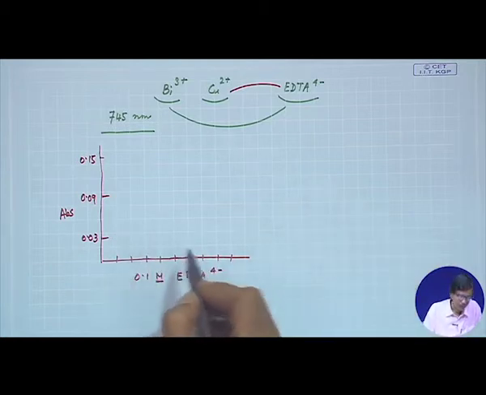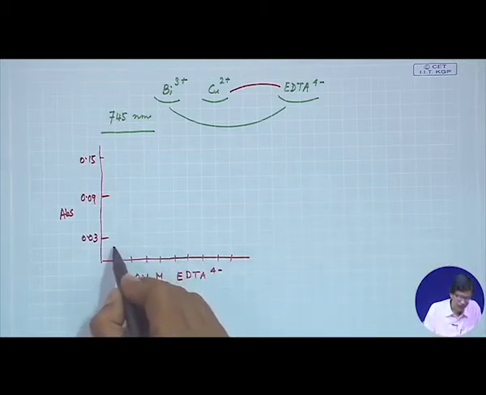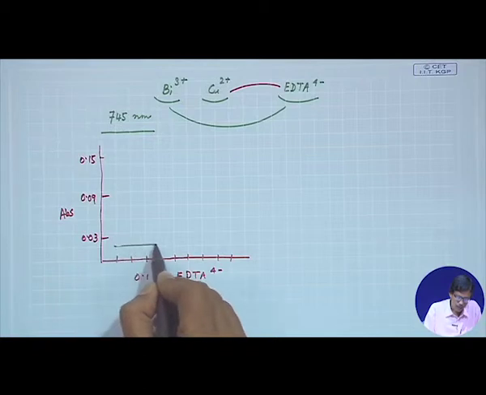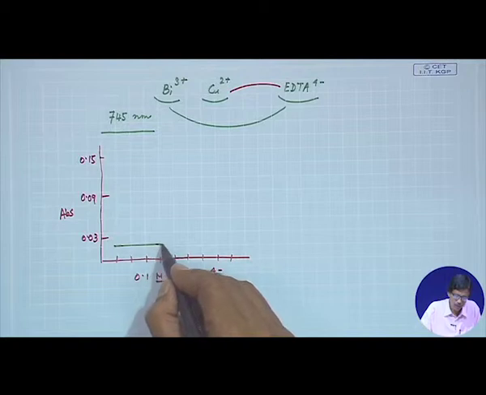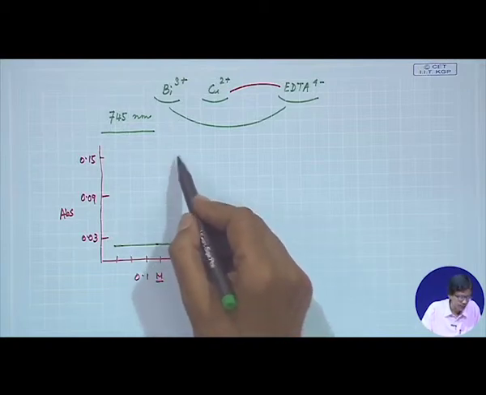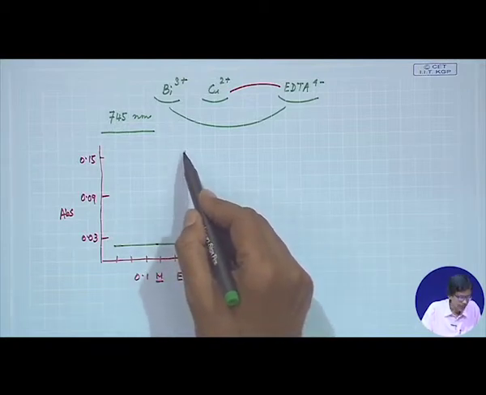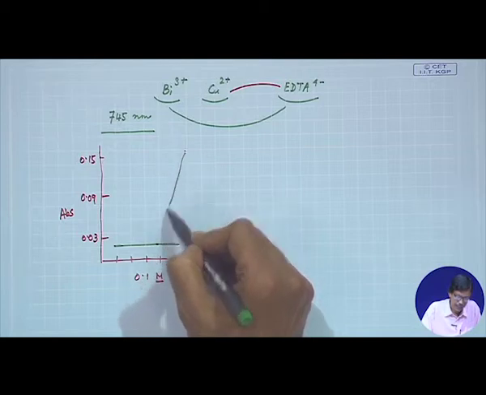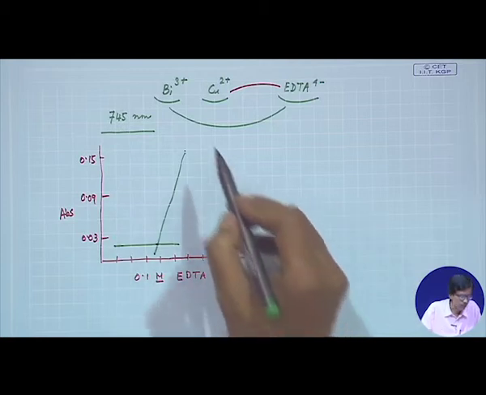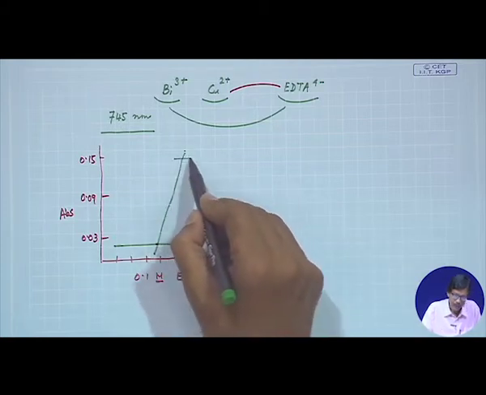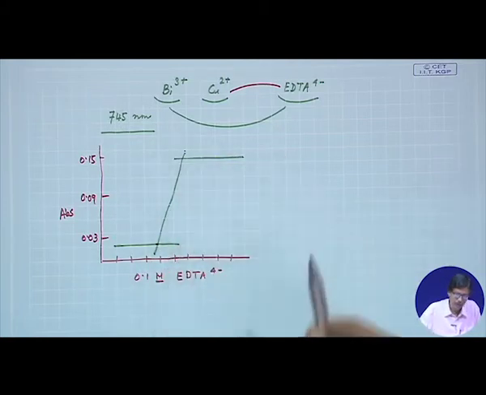So, what happens in this particular case is you have a straight line part from this point up to this point, then there is an increase in the absorbance which cuts over here, and then after this point we have again an almost horizontal line.